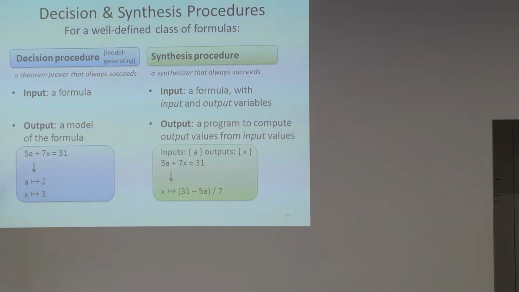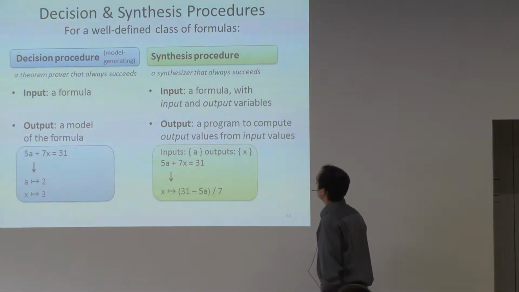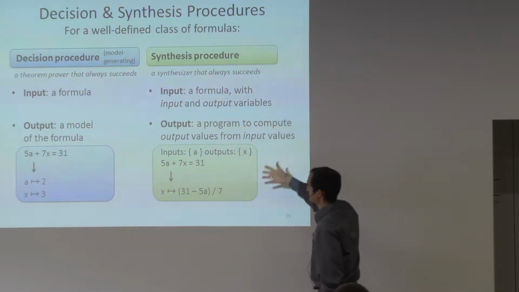In particular, model generating functionality is extremely useful to get concrete counterexamples. So you would like to take a constraint, and then as an output, you get the values for variables that satisfy the constraint, like one example solution of this linear integer equation. In the case of a synthesis procedure, we have two classes of variables.